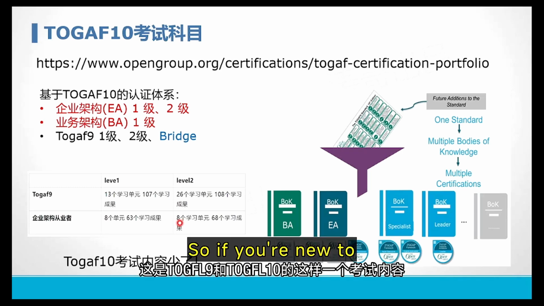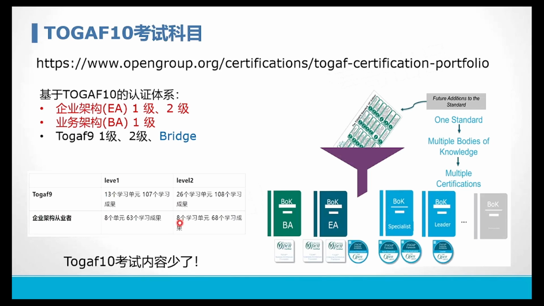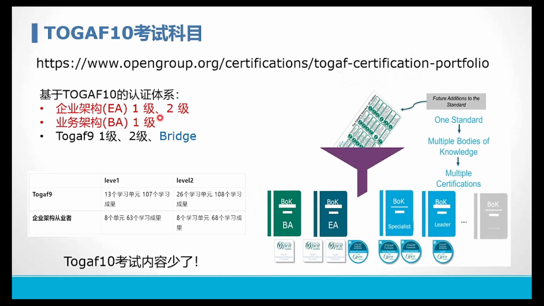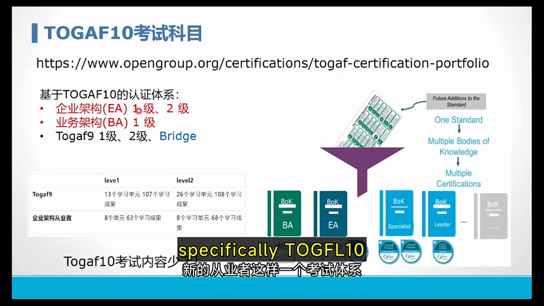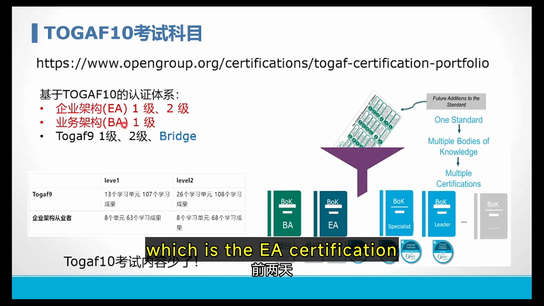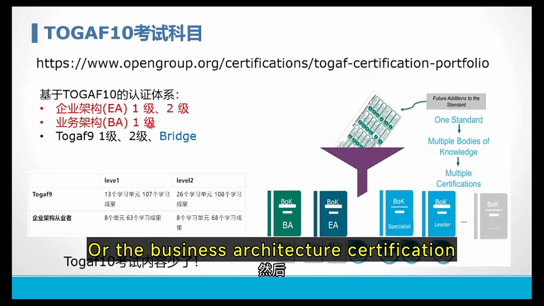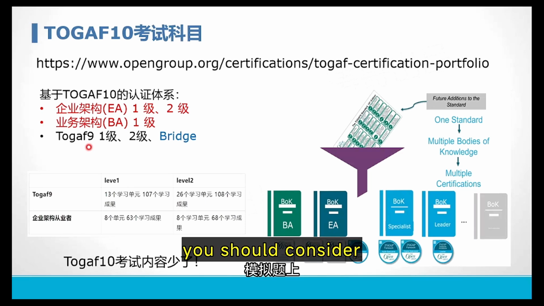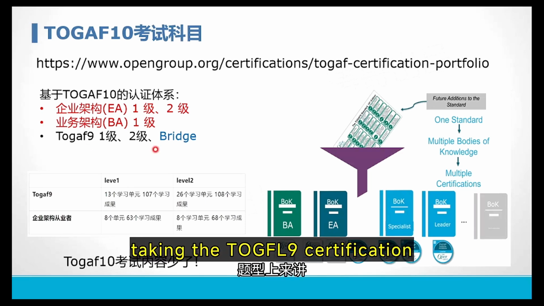So if you're new to TOGAF, you should go straight for the TOGAF certification. Specifically TOGAF10, which is the EA certification, or the Business Architecture certification. There's only one case where you should consider taking the TOGAF9 certification.